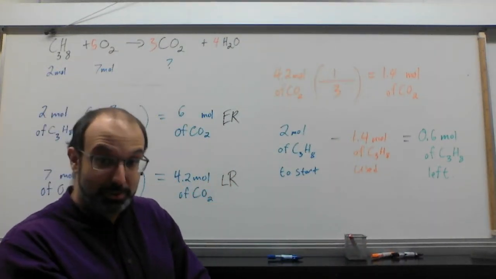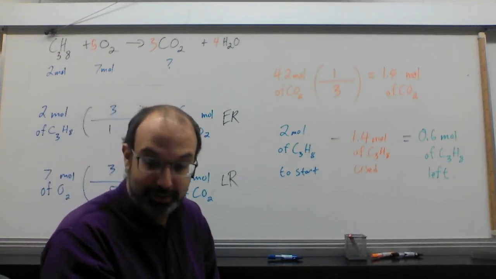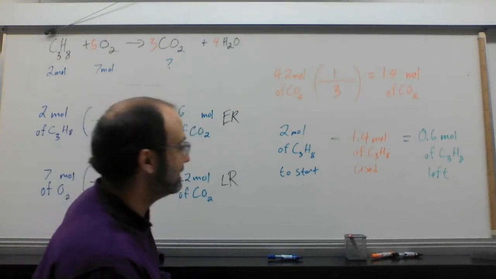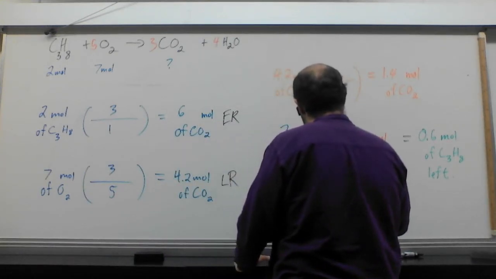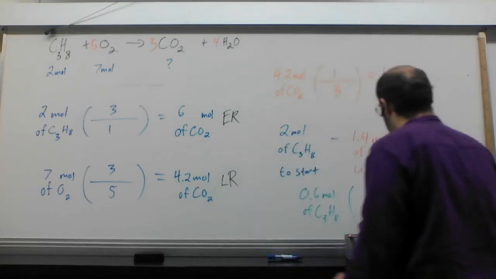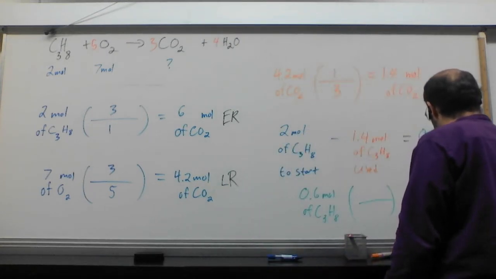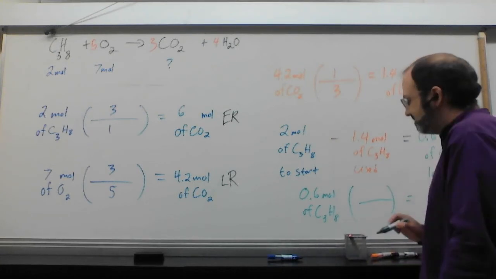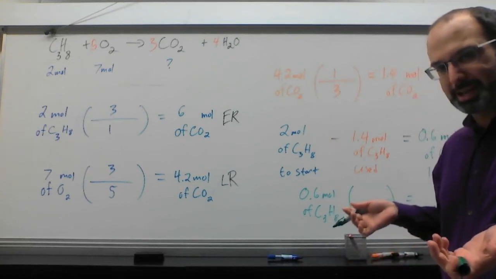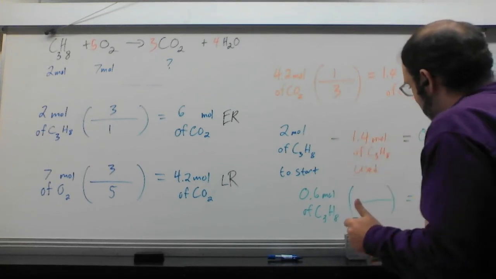The final step of this question, of course, is a conversion. In order to get a conversion going, we're going to need to take that final last piece, 0.6 moles of C3H8 brackets equals, and we're looking for grams of C3H8. Admittedly, we'd often list propane as a gas, but whatever, we're doing it in grams this time.